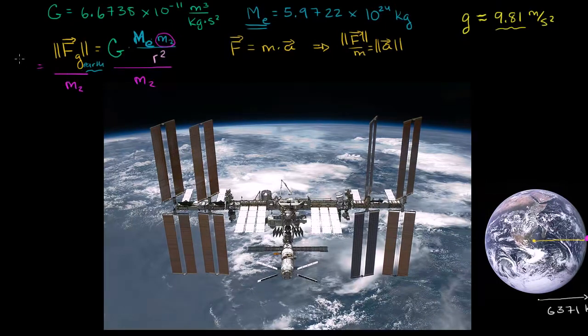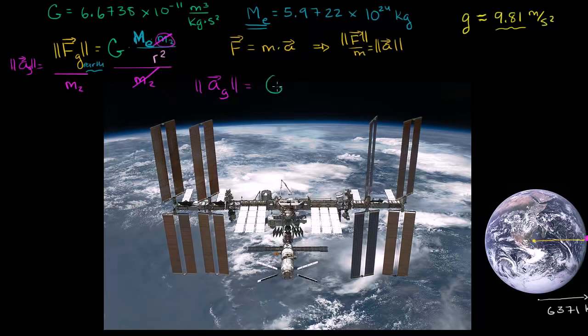So this is equal to the magnitude of the acceleration due to gravity. And the whole reason why this is actually a simplifying thing is that this m2 right over here and this m2 cancel out. And so the magnitude of our acceleration due to gravity using Newton's universal law of gravitation is just going to be this expression right over here.